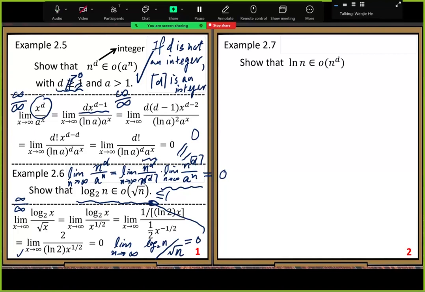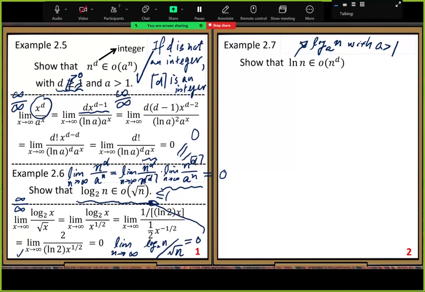But the result you can apply to any log base A with A greater than 1. It cannot be less than 1, it must be greater than 1. So after we prove this result, you can apply it to any log base A with A greater than 1.